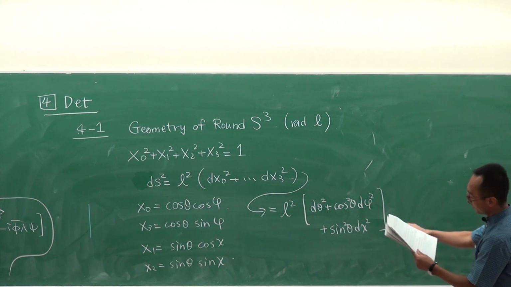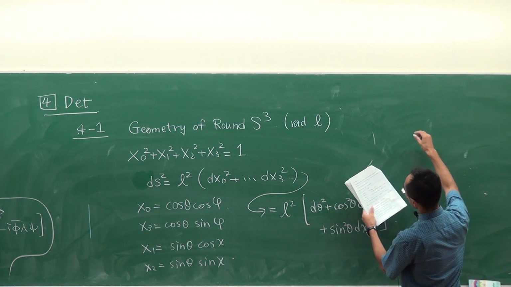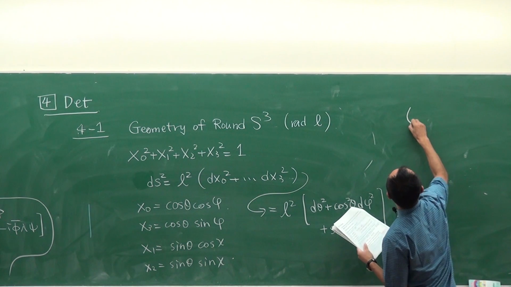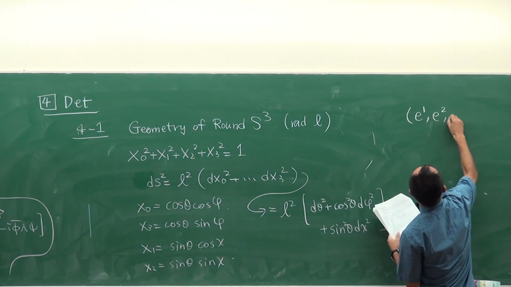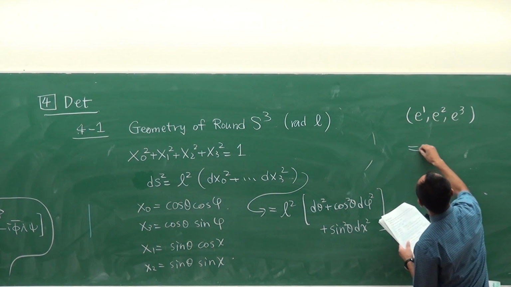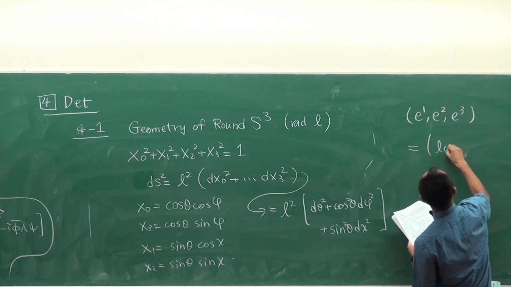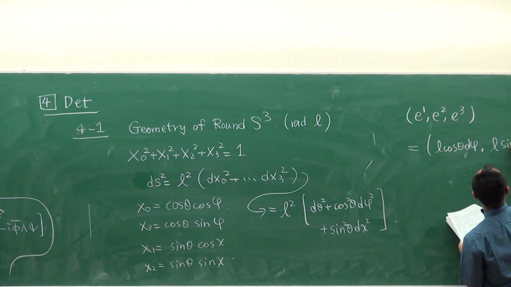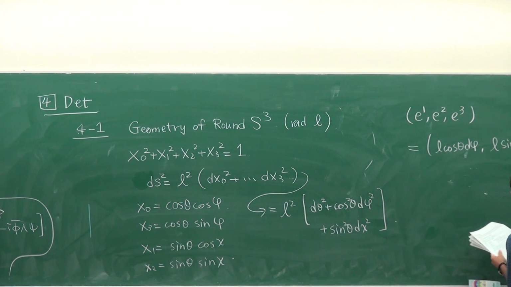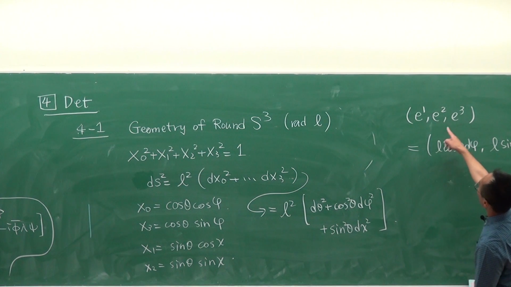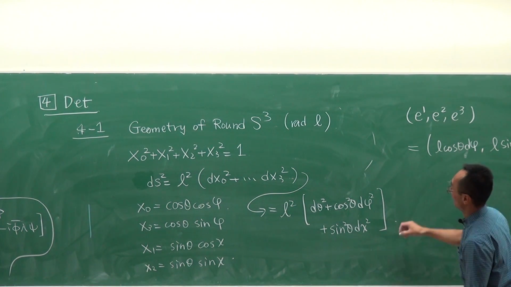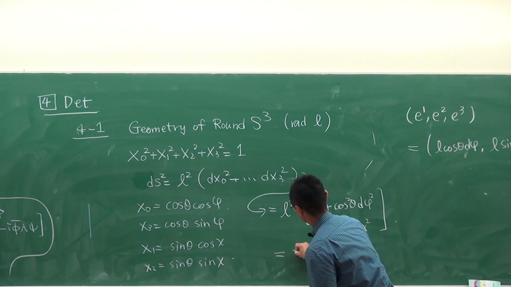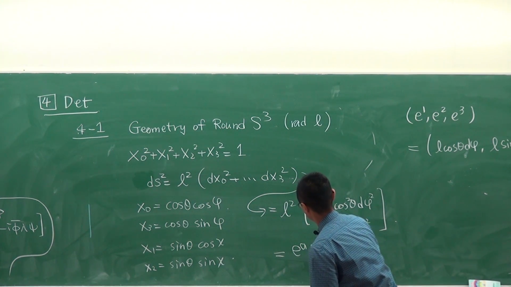Maybe you think that the most natural way to define the frame bundle is given this metric, then if you set the frame like this, then you can easily check this equality.